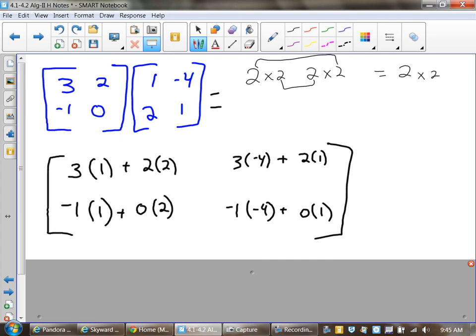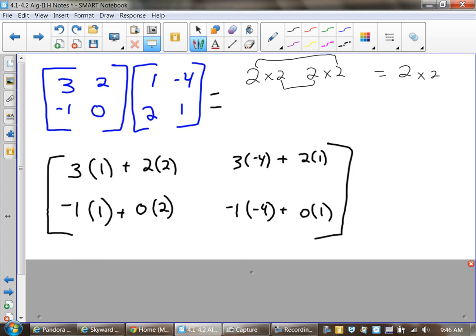Now, we start with that upper left. 1, 1, 2, 2. Negative 4, negative 4. 1, 1.